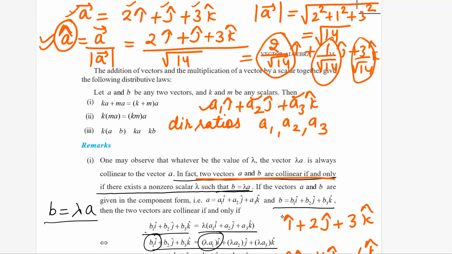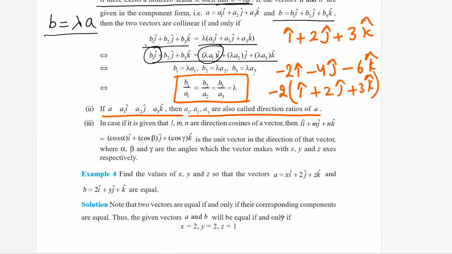Direction cosines are denoted by l, m and n and also by cos alpha, cos beta and cos gamma. They are the same.